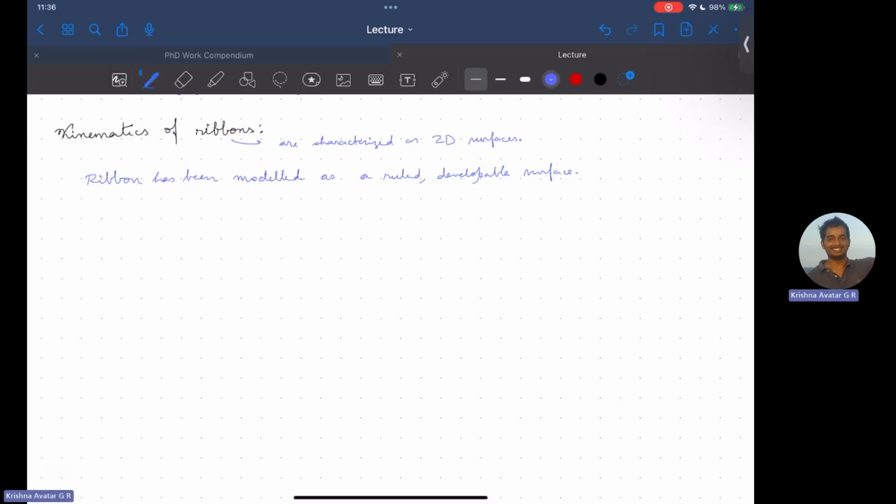We consider a flat, rectangular body. We have some center line, akin to a rod.